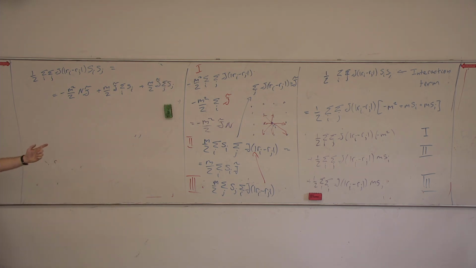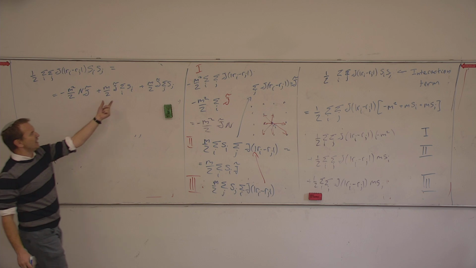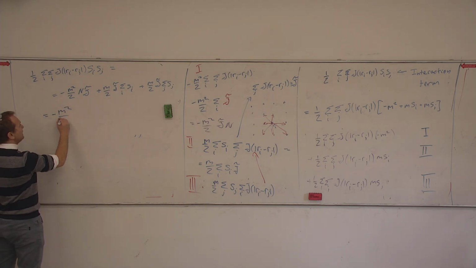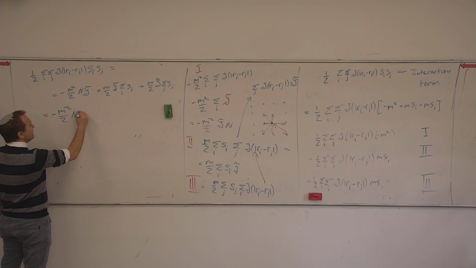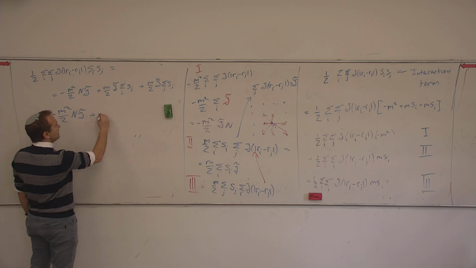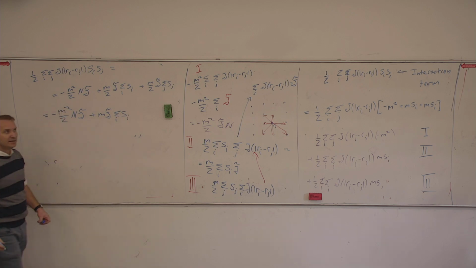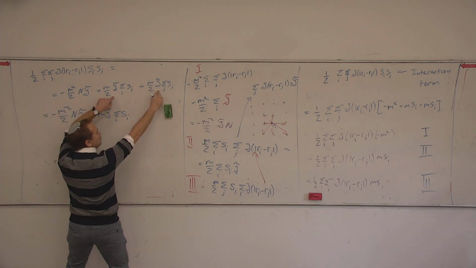Now remember, it doesn't matter if it's i or j because it's just a dummy variable. So in total I have minus m squared divided by 2 and J tilde plus m J tilde sum over i s_i, because this guy is identical to that guy.